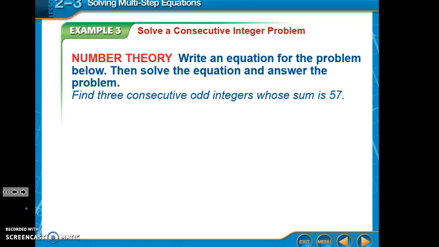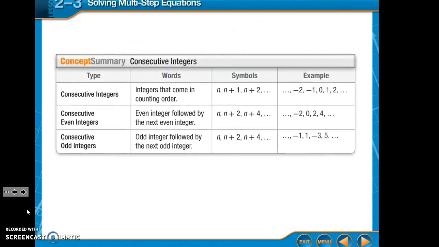We know what they are, but do we know what these 3 happen to be? No. So could we say that the first odd integer is x? Then what would be the next odd integer?